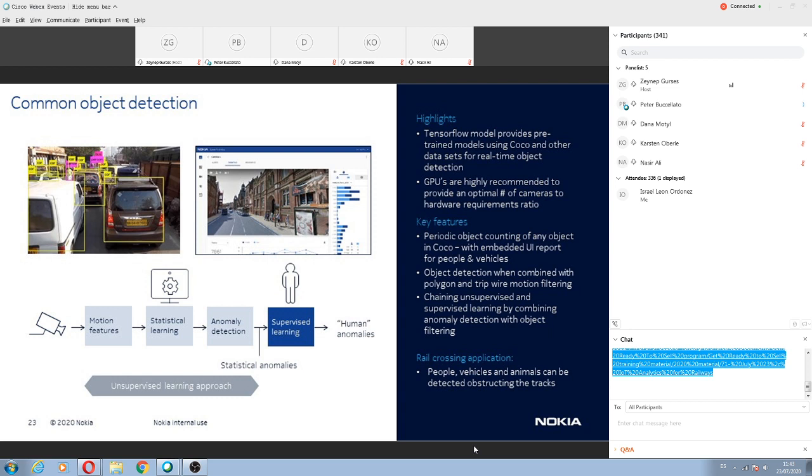So what this allows you is lower processing needs to determine when an event has taken place, to then feed this to, I'll call it, a little bit more expensive processing, because in a lot of cases it requires higher processing and possibly GPU capabilities on the gateway to determine specifically what object you're looking for.